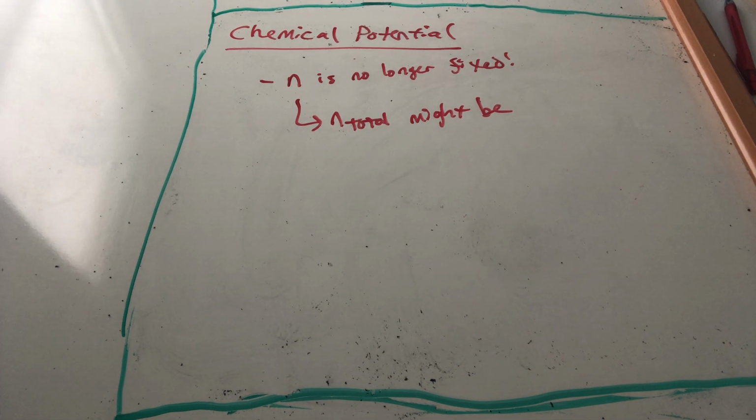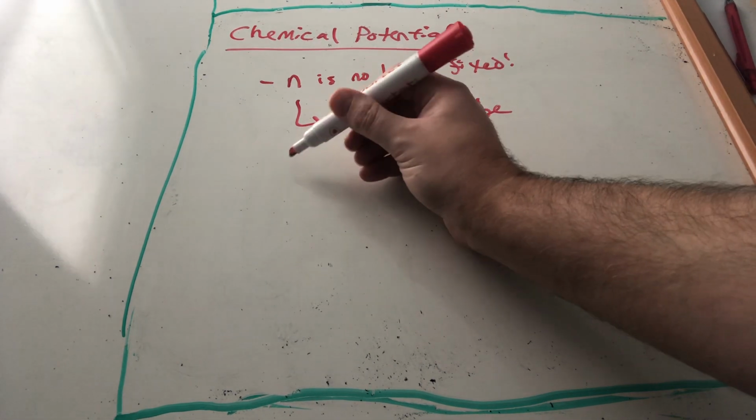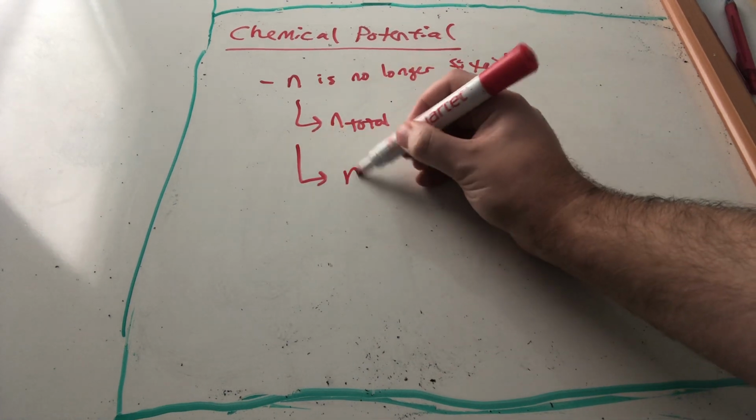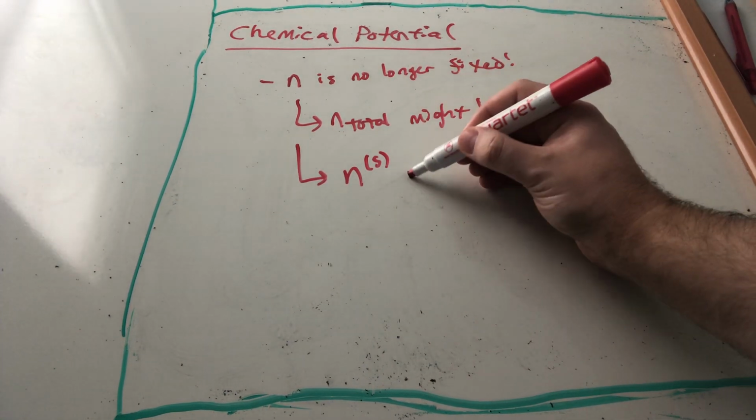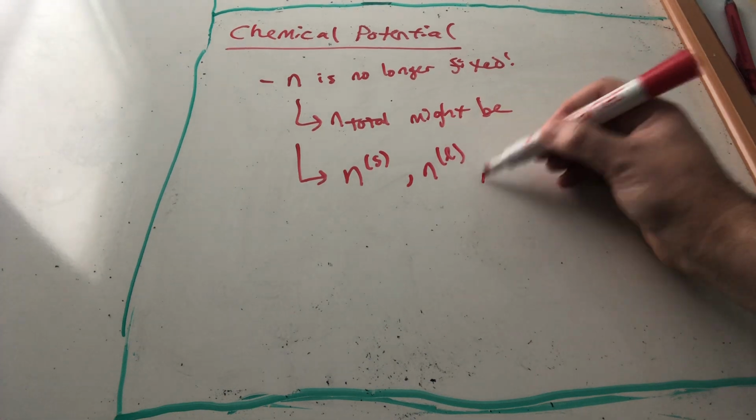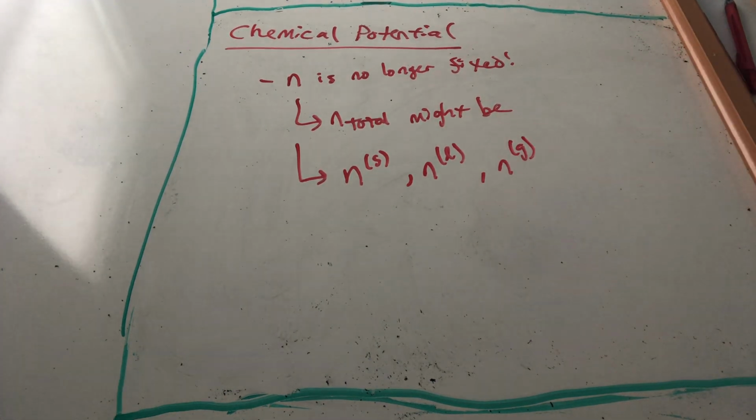You might have a certain sample size, but if we're making those changes on the phase diagram, if we're making a solid into a liquid into a gas, the individual species, like the number of moles of solid and the number of moles of liquid and the number of moles of gas, those will change.